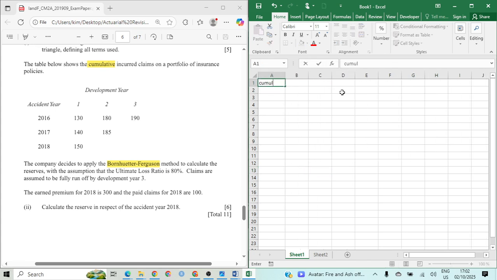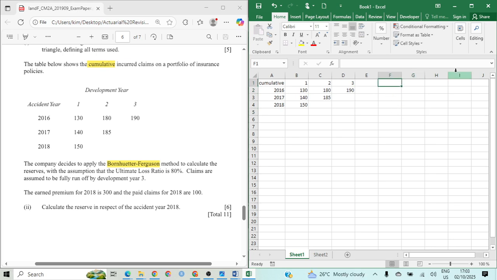So I'll just duplicate that data here. I like writing cumulative here so that I do not get confused. 2016, 2017, 2018, and development years 1, 2, and 3. Then here we have 130, 140, and 150, 180, 185, 190.